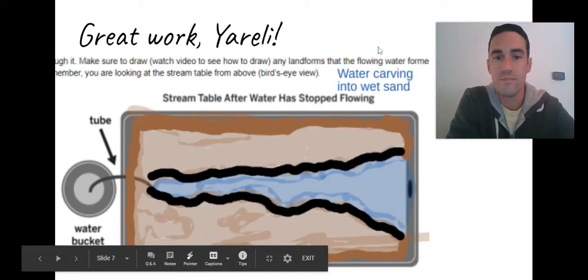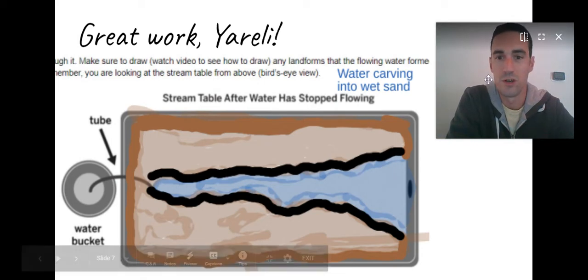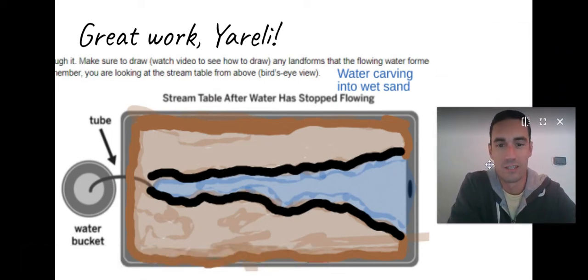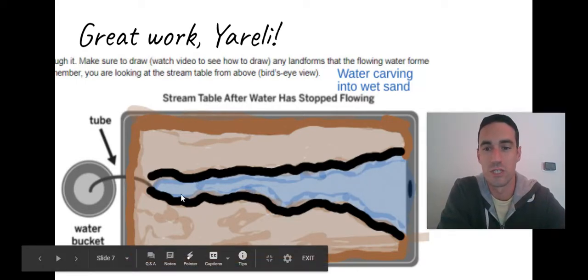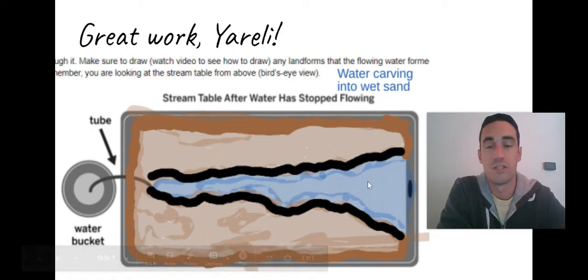And then finally, we have this wonderful artwork by Urelli. Honestly, the shading and everything is awesome. This belongs in a museum. But what I really like here is that Urelli really showed the shape of that channel forming. It gets wider near the bottom. She also didn't just draw a straight line. She threw in those little curves and things that that channel made, as well as where that water is flowing and how the shape changes near the bottom of it.